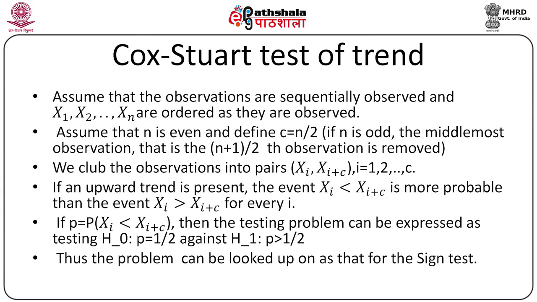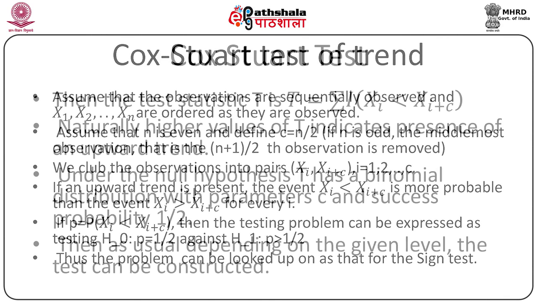If we set p equal to probability Xi plus c greater than Xi, then the testing problem can be expressed as H0: p equal to half against H1: p greater than half. Thus, the problem is nothing but that of the sign test.